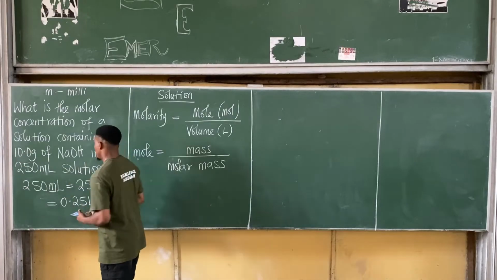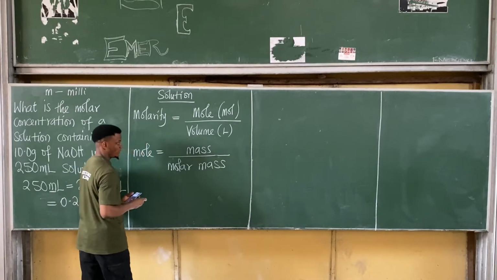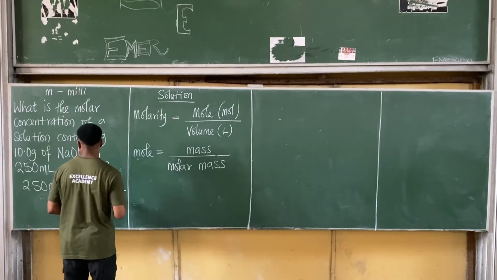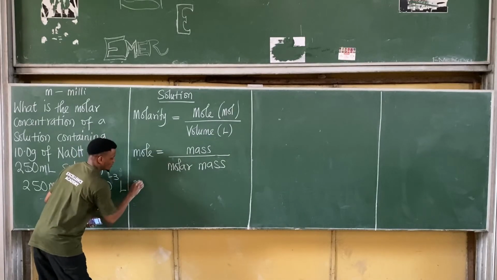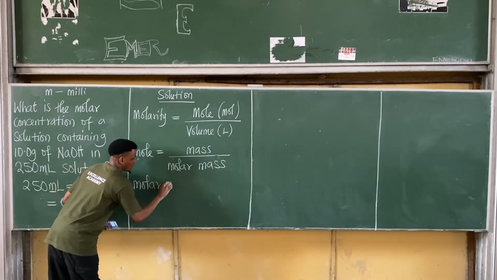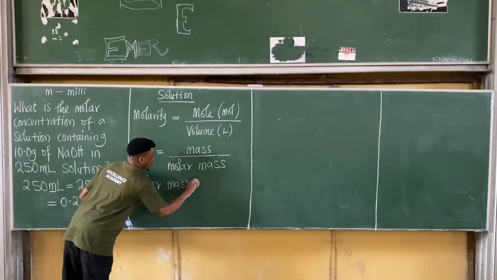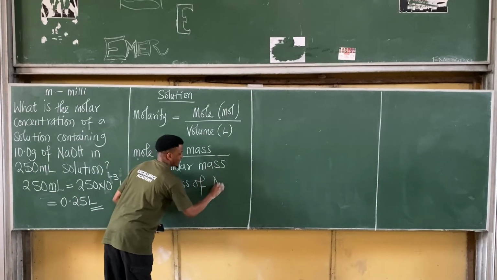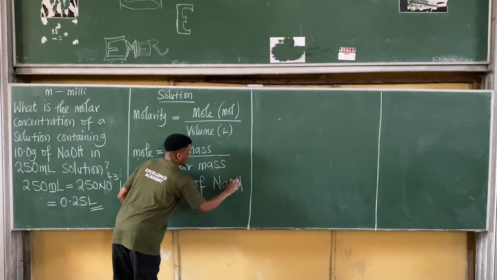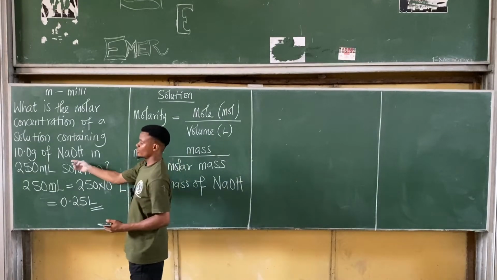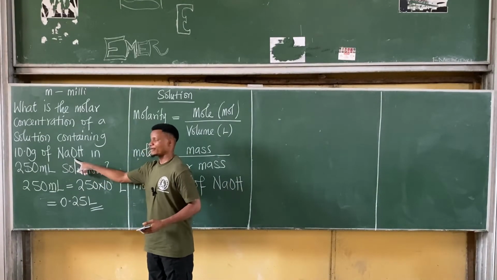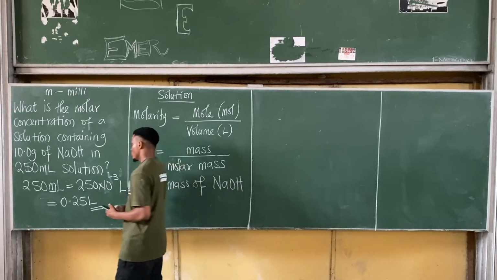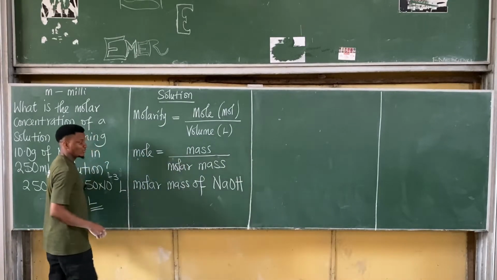Before the mass, let's get molar mass. The compound here is sodium hydroxide. This is how you pronounce this compound, sodium hydroxide. All right, so let's get the molar mass of this.